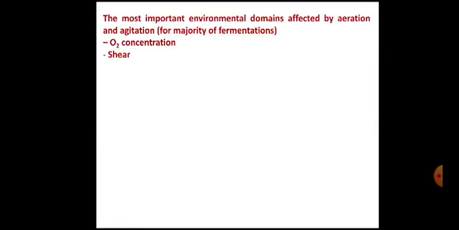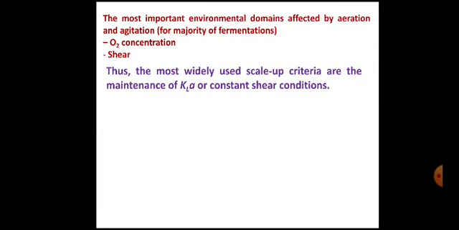The most important environmental domains affected by aeration and agitation in most fermentations are oxygen concentration and shear conditions. Therefore, the most widely used scale-up criteria are the maintenance of KLA and constant shear conditions.